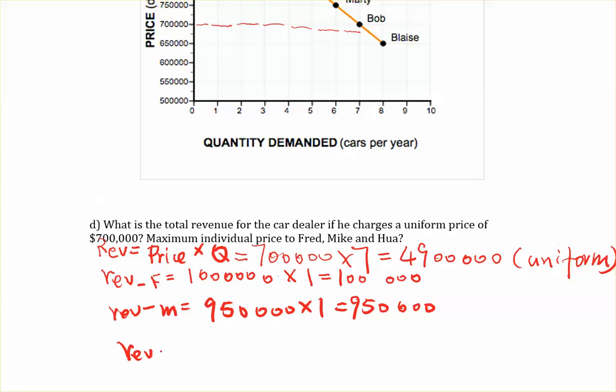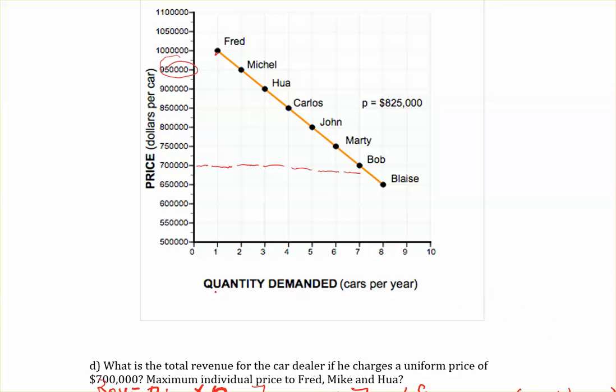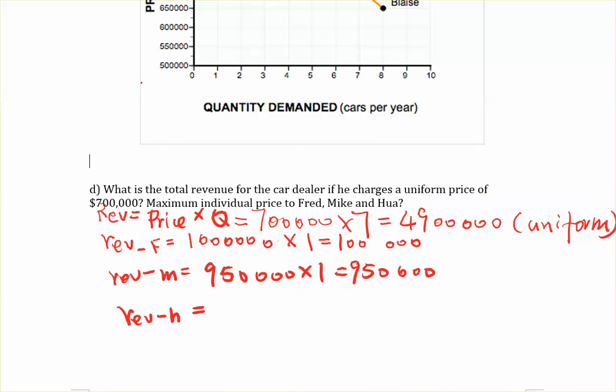The revenue from Hua equals his maximum amount of money he wants to pay. That is $900,000. So you just write down the $900,000 and times 1, and you got $900,000.